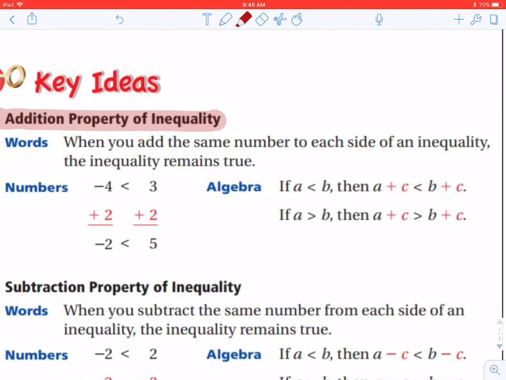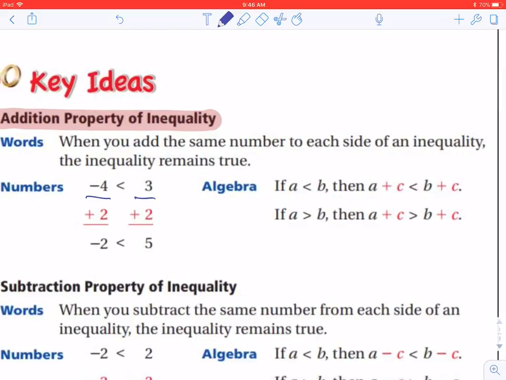And in numbers, if we have an inequality, it has two sides, and you have to remember that because it has two sides, whatever you do to one side, if you do that same thing to the other side, then it's still the same value. It still represents the same thing in an equation. But in an inequality, what we're going to say is that it represents the same truth.